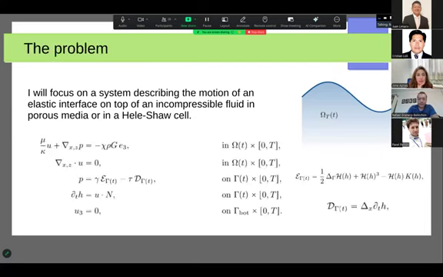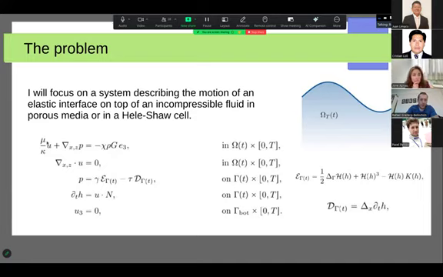So basically, if we consider that we have a Hele-Shaw cell or a porous medium for the fluid, then the full system of equations is described by this. Although this is a 3, it should be a 2. Here we have Darcy's law. Mu and kappa are constants, and rho and g are also constant.